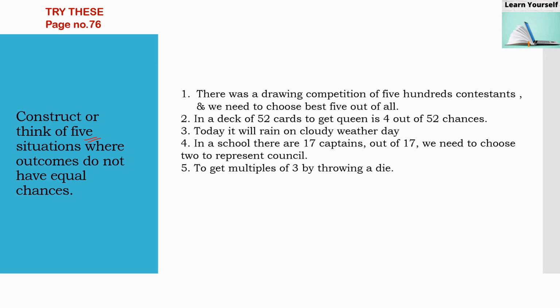If there is a competition with 5 contestants and we have to choose a winning entry, all 5 contestants have equal opportunities and equal chances to win. All have the same chances, so that is what we do not want. We need a situation in which chances are not equal, and we have to write those kinds of situations.